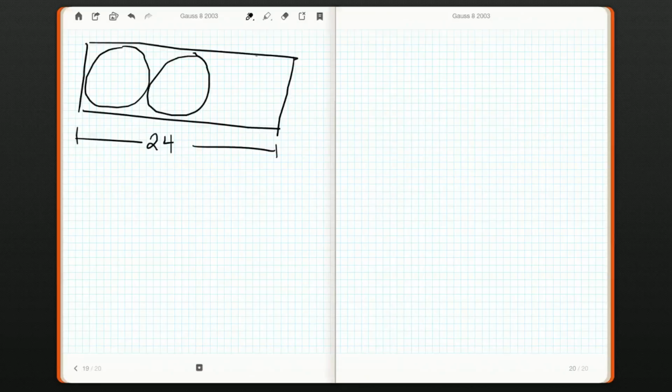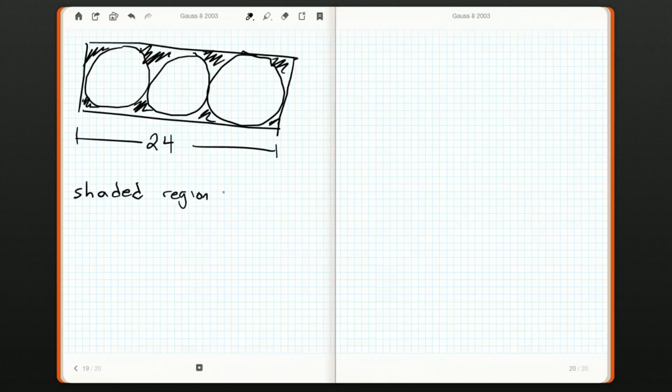I'm going to try and make these circles touch, but it's not really the point. So I usually start off by saying something like shaded region is the rectangle minus these three circles. Okay?